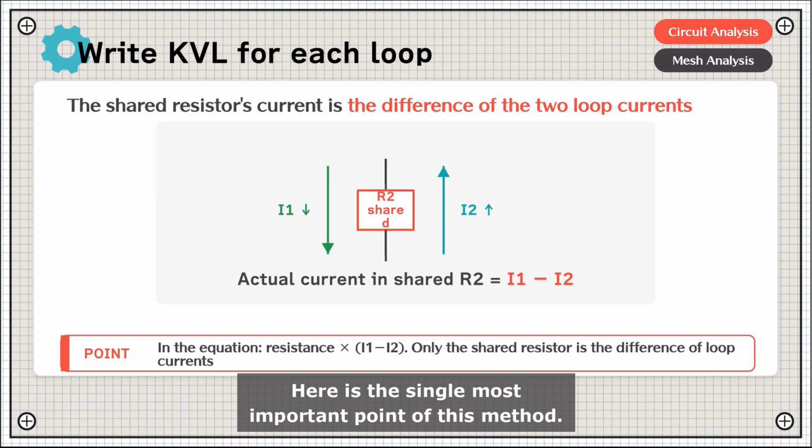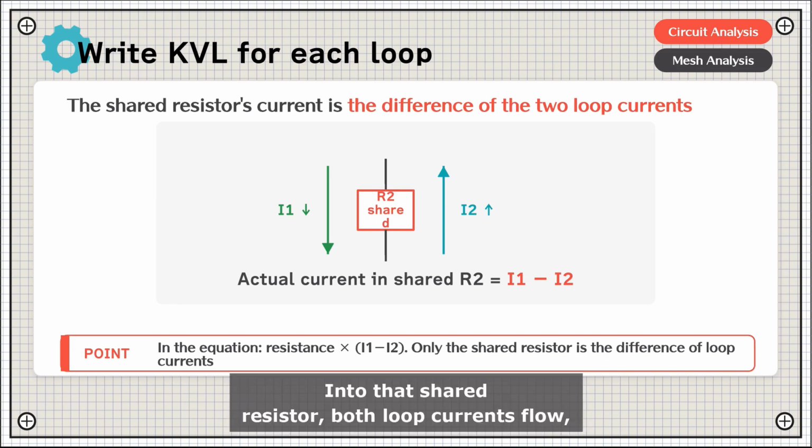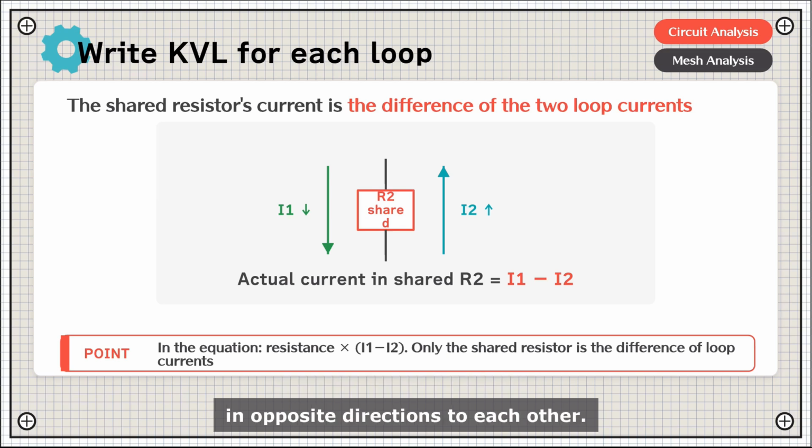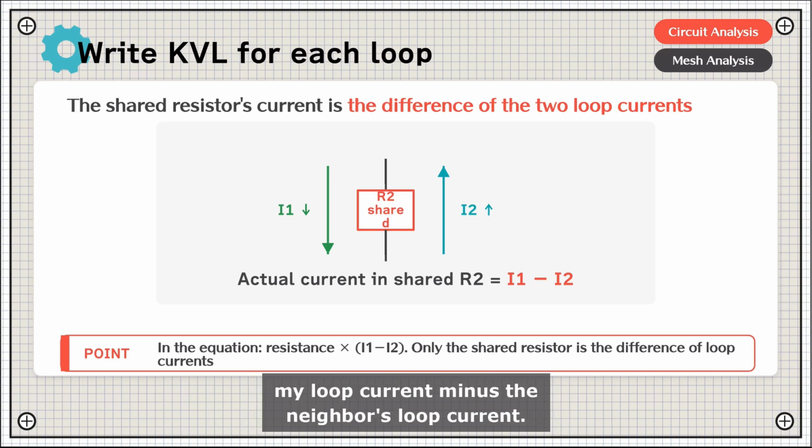Here is the single most important point of this method. Sometimes two loops share one resistor. Through that shared resistor, the two loop currents flow in opposite directions to each other. So the current actually flowing through that resistor is the difference. My loop current minus the neighbor's loop current.